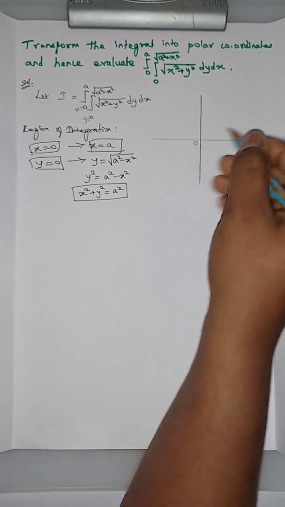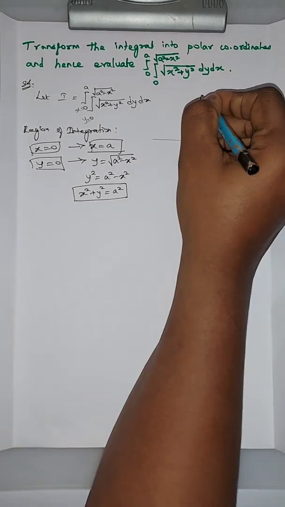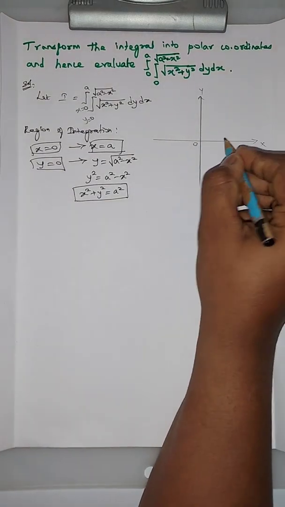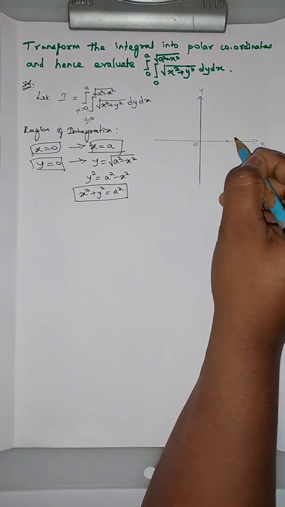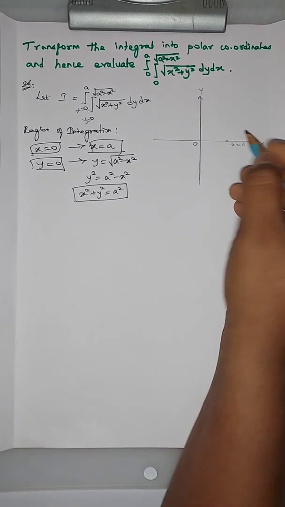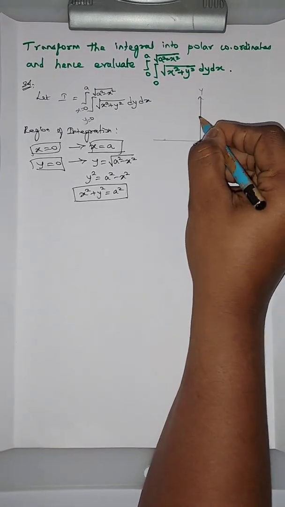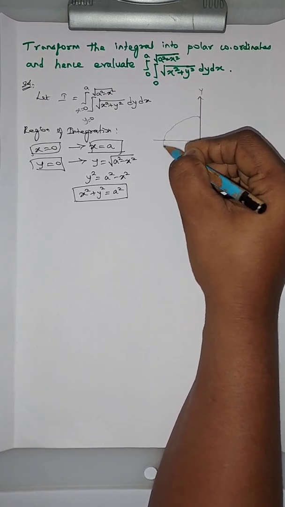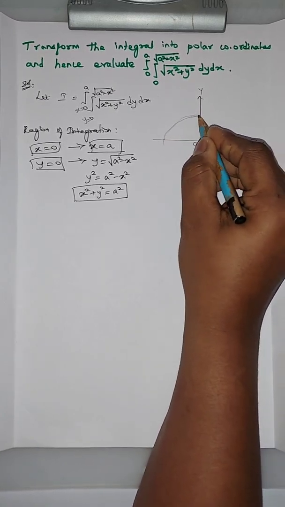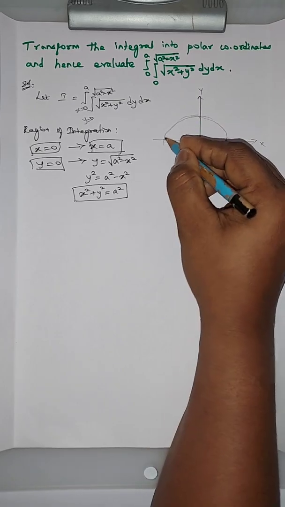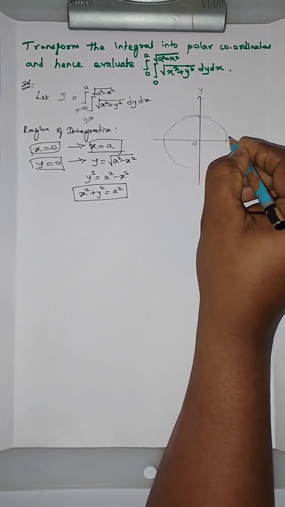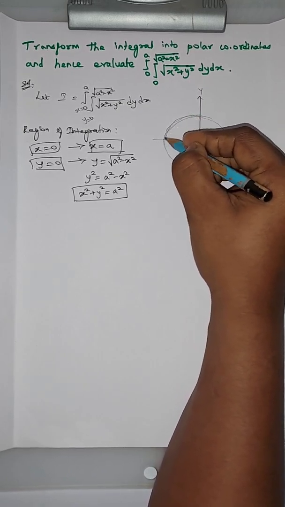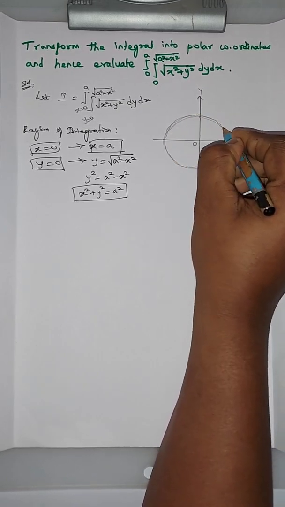So this is the origin, let this be the x and this be the y axis. Here let this be a, x is equal to a. So the circle has to be somewhat like this.